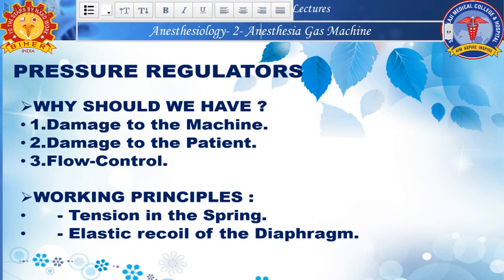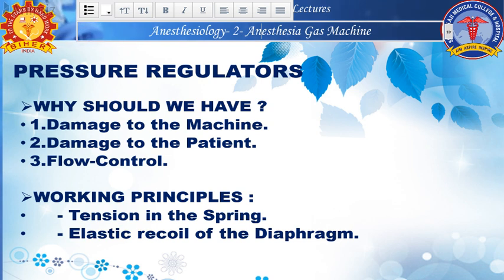And then to make the flow in a controlled fashion. First and foremost, we all should know the basic goal of the anesthesia gas machine is to provide the intended gases, not the unintended gases. The intended gas is what I want to give.